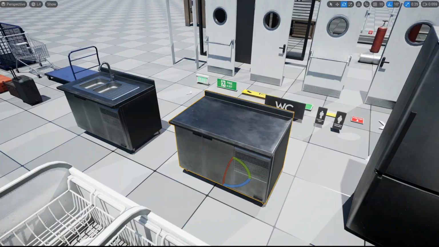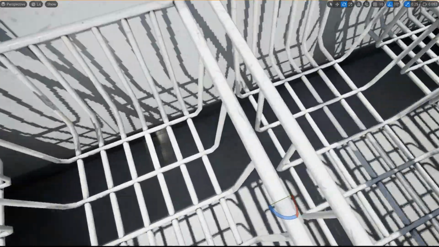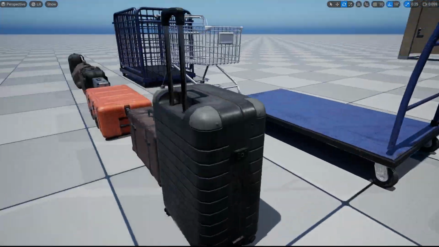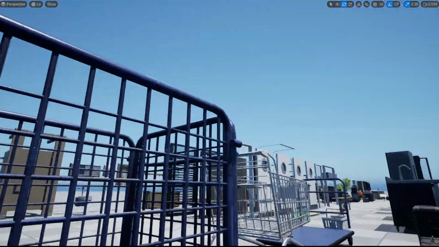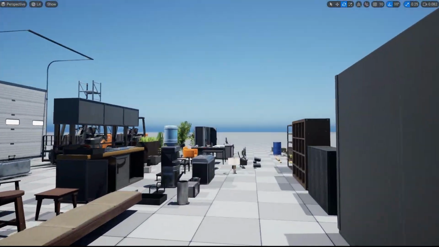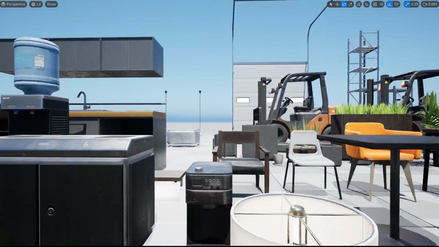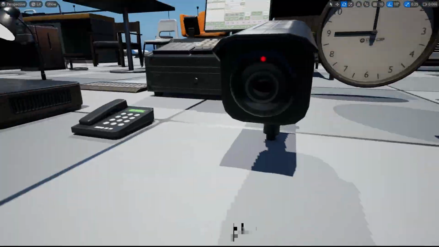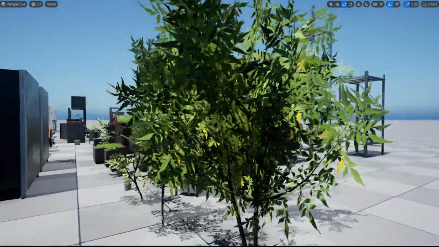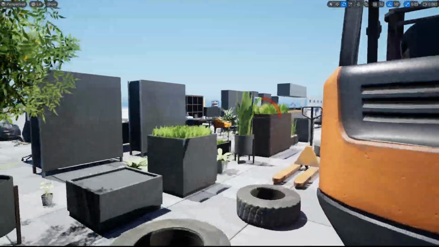Other refrigerators, sink, carts, different types, baskets and bags, doors and signs, some sofas and CCTV, cashier, and some plants.